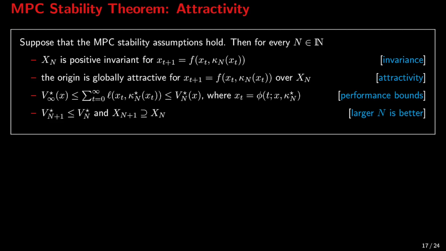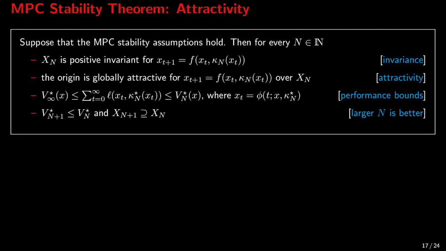Now, if we take that controller and plug it into the infinite horizon cost, which is the sum from time 0 to infinity of the stage cost L at xt, kappa N star of xt, that is the infinite horizon cost, but not with the infinite horizon controller, but with a controller that we obtain by solving the finite horizon problem PN. So if we plug kappa N star into the infinite horizon cost function, we will have an infinite horizon cost which is above V infinity star.